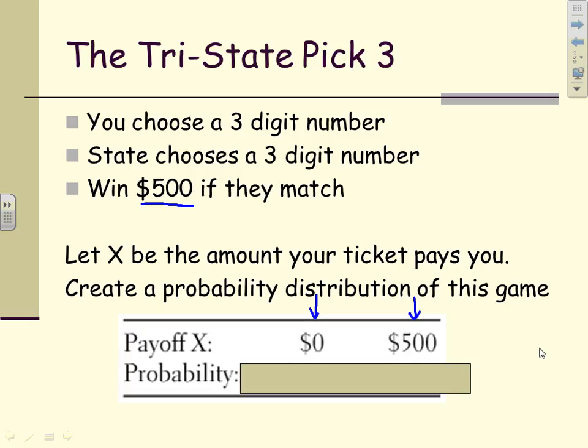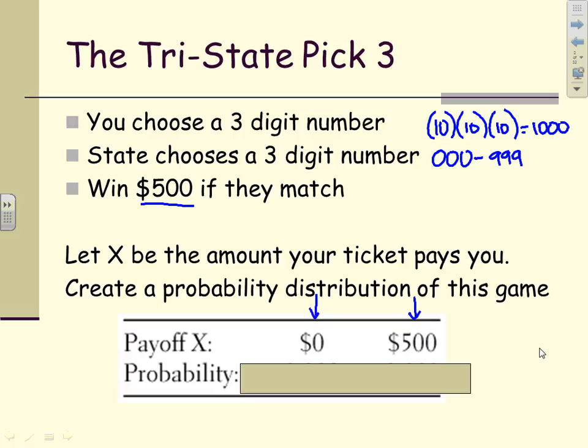Now, if you're choosing a 3-digit number, well, there are 10 digits that the first number could take, 10 digits that the second number can take, 10 that the third can take, telling us that there are 1,000 possible numbers. Well, you didn't really need me to tell you that, because those numbers could be 0, 0, 0, all the way through 999. Now, of those 1,000 numbers, only one of them is going to be accurate.